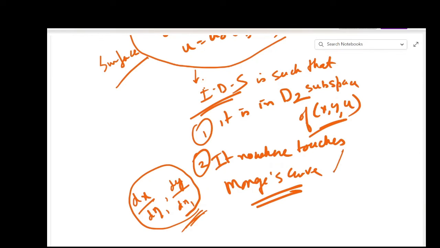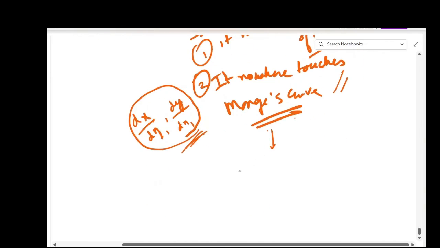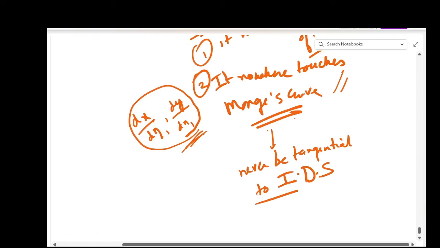We know what touching Monge's curve means: the Monge's curve will never be tangential to the initial data surface.